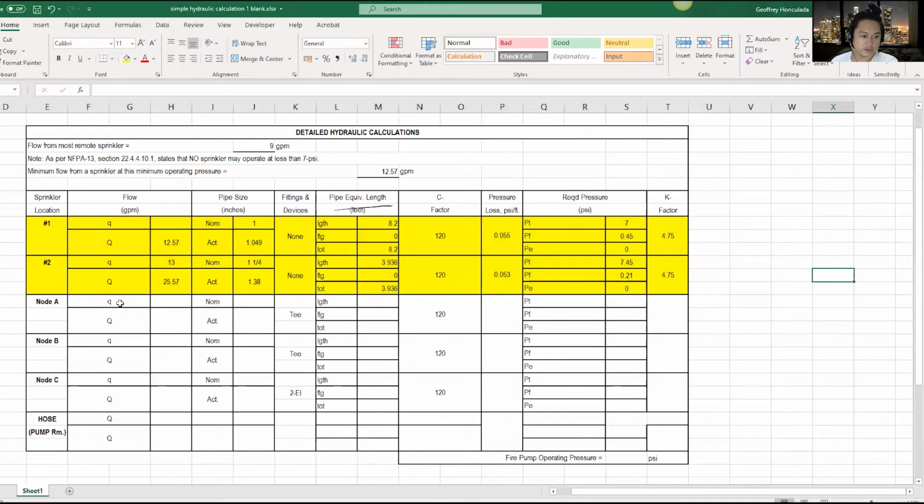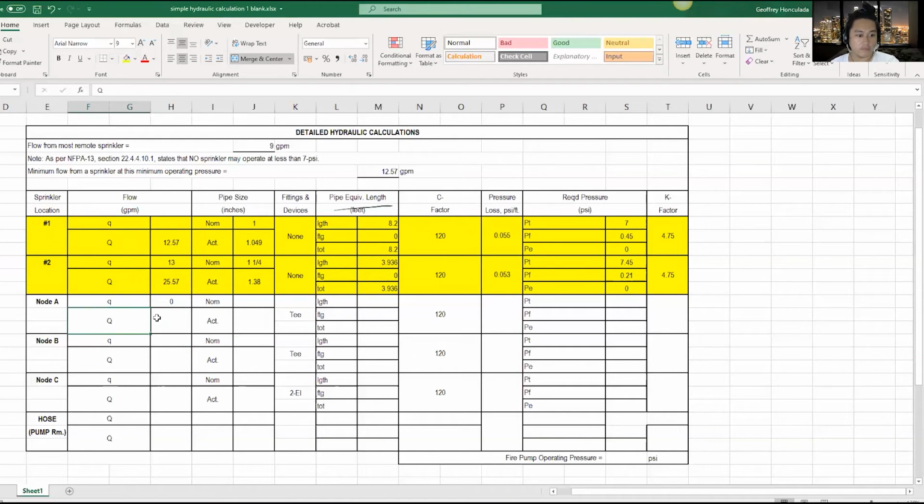The next part is node A. Now, as I've mentioned earlier, the small q is the flow out of the sprinkler. Q is the total flow. This one should be the same because it's the flow. I'll just input that here, 12.57. But I've seen some old notes where they left it 0 and this small q in 1. Anyway, at node A, since there is no sprinkler, there won't be any flow for small q there.